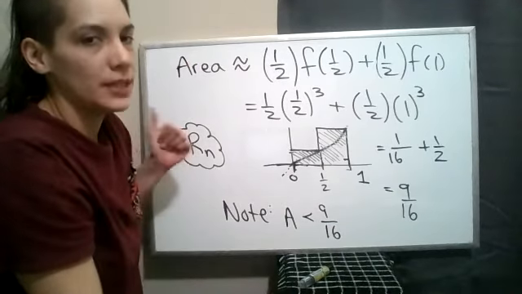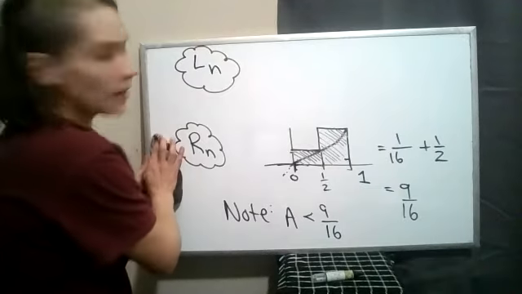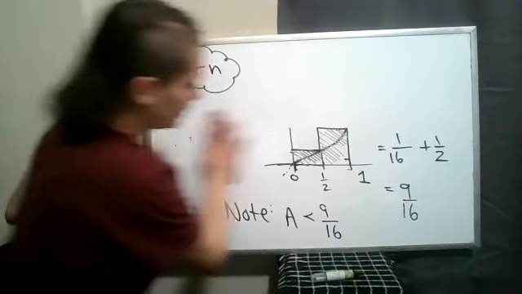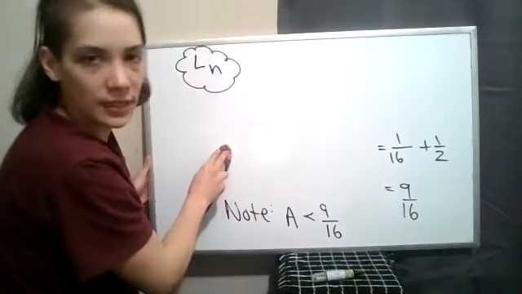Okay, next one will be the left-hand endpoints. It's the same function, and we're on the same interval, but new rectangles.